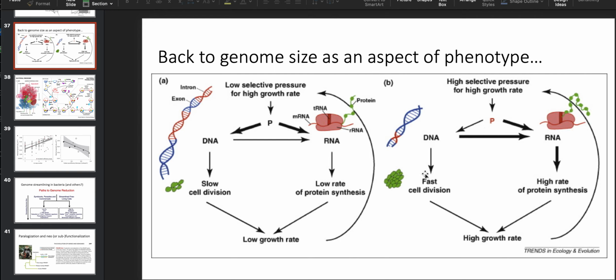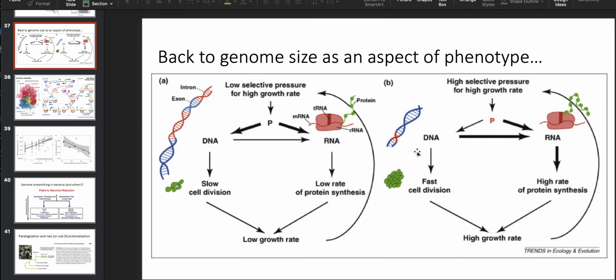So you can have faster cell division if you have a smaller genome, but you can have a higher rate of protein synthesis if you have more ribosomes. And so depending on the nutrients that are available, the trade-off might be more favorable one way or the other. So there's two different roads to higher growth rate that you can take.